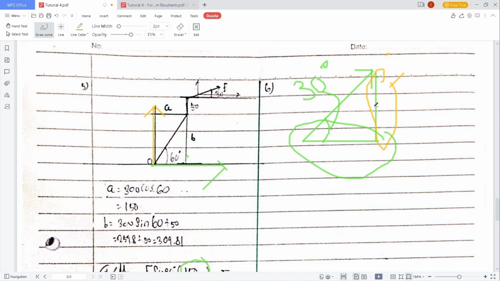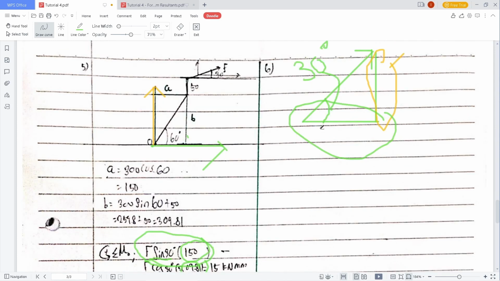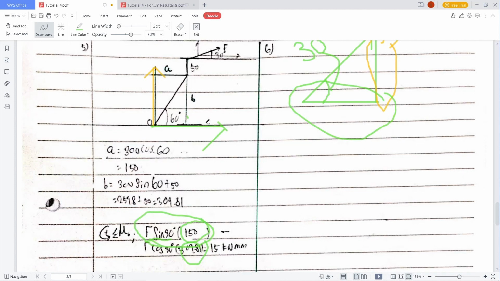You need to use sine and cosine. So sine 13 degrees times F is your y component, and cos 13 degrees times F is our x component.